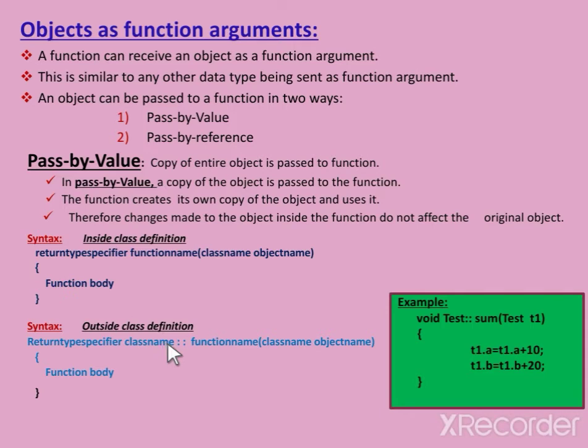Outside the class definition, I have given one program segment as an example: return type specifier, class name, scope resolution operator, function name, class name and object name, and the body of the function. Here, void is the return type specifier, and test is the class name followed by the scope resolution operator.